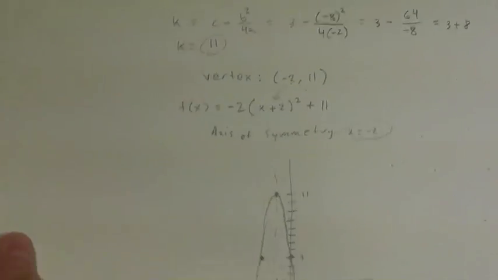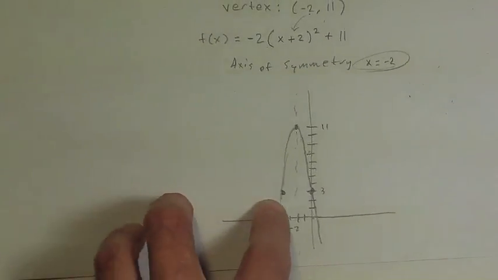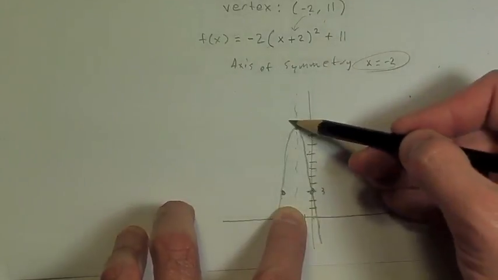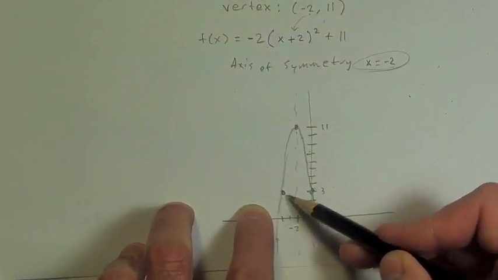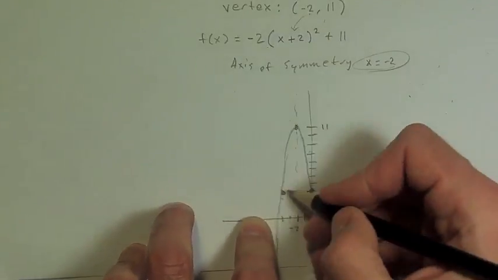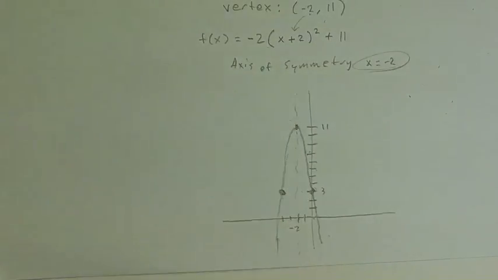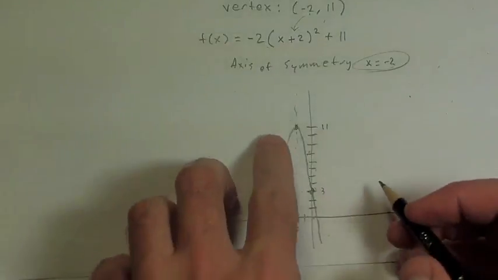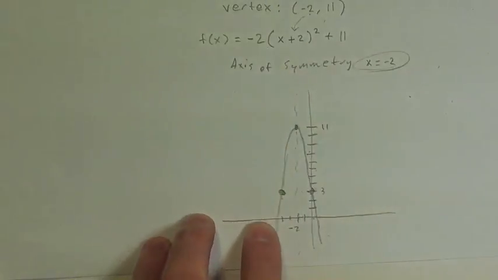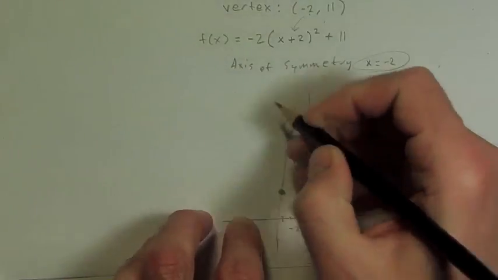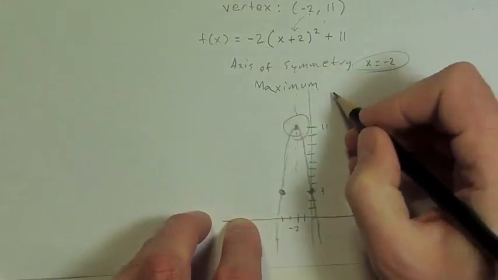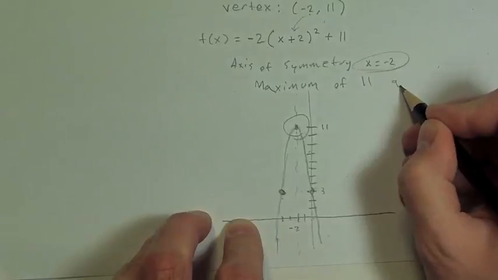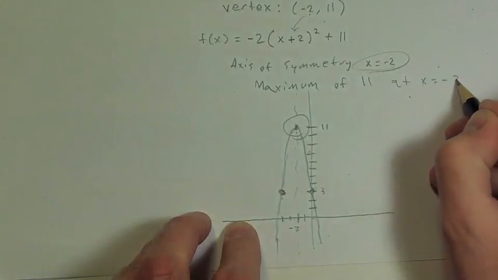And you didn't see any of that. Sorry. Okay. So here's the y-intercept, and here, because of symmetry, we get this point. Okay. Right, so the axis of symmetry is x is equal to -2. We also have a maximum. So the maximum of 11 at x equals -2.